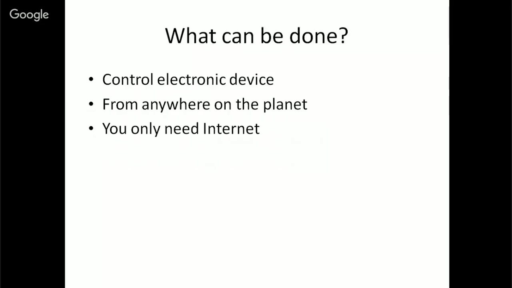Internet can reach those places where human beings cannot reach. So Internet of Things can do those things which we haven't imagined yet. It can do anything that you want to do.